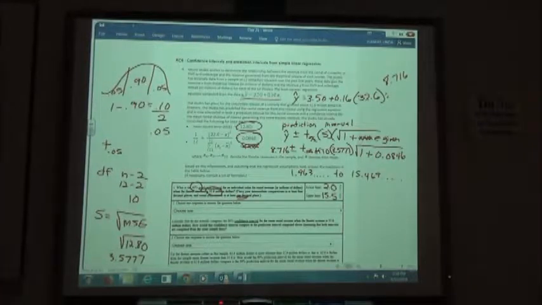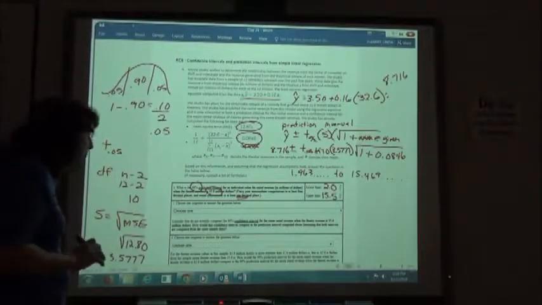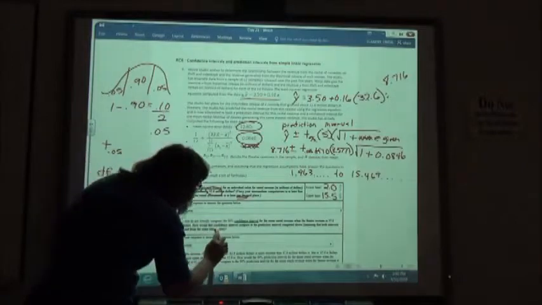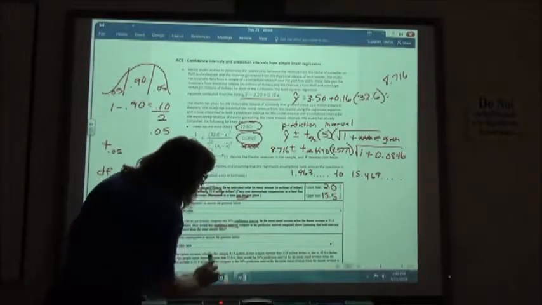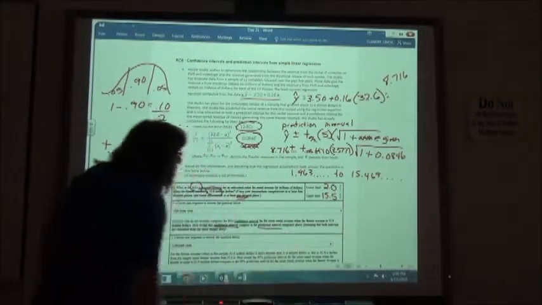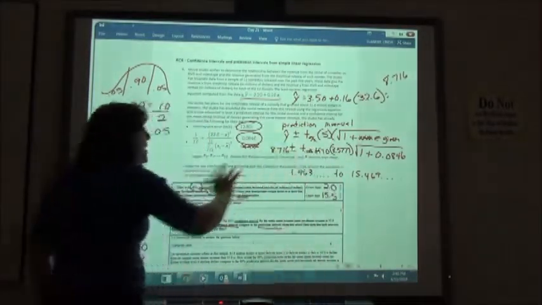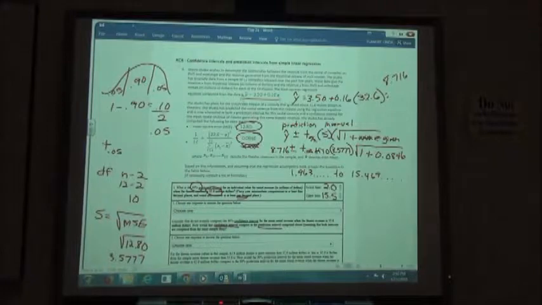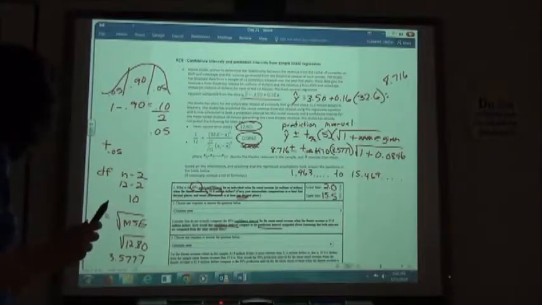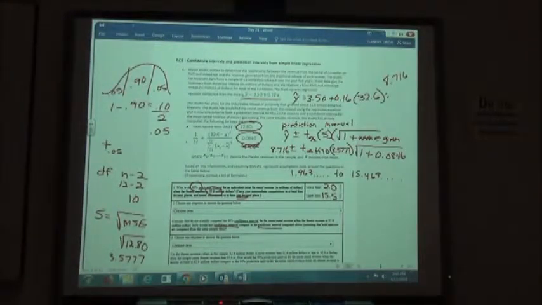How would this confidence interval compare to the prediction interval? What we found here is the prediction interval. On the next problem, we'll do a confidence interval. So how would they compare, assuming that both intervals are computed from the same sample data?